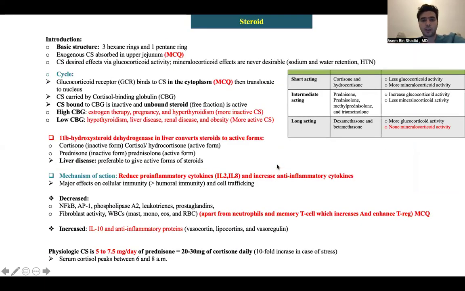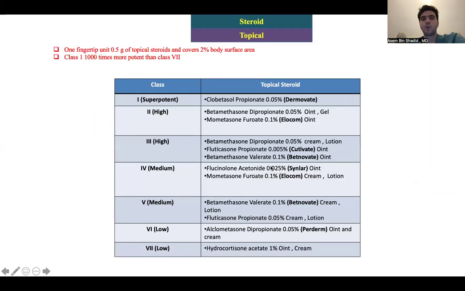I will go to steroids directly. Okay, steroids. We have different categories when it comes to topical corticosteroids. I will give you just a general rule, okay? A very easy rule to decide what type of topical corticosteroid you can give in the clinic. I like to simplify it as follows. Any lesion you have in the head and neck, or hidden areas, like genitalia, axillary, under the breast, they start with H, hidden area, head and neck.